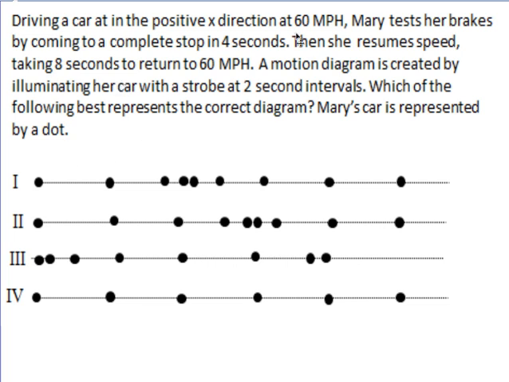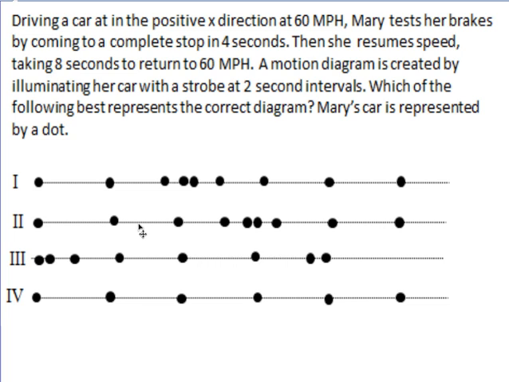Here is this Mary who slams on the brakes, stops her car in 4 seconds, and then takes twice as long, 8 seconds, to get back up to the initial speed. So that's definitely accelerated motion. She has a negative acceleration and then a positive acceleration. That, I would point out, is half as much. The rate takes her twice as long here.